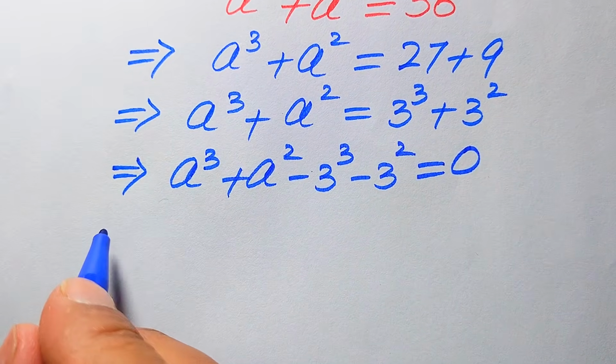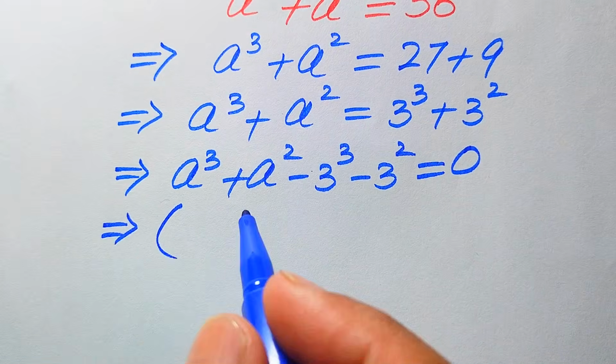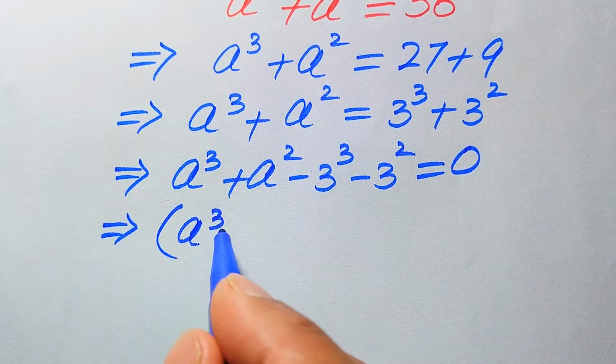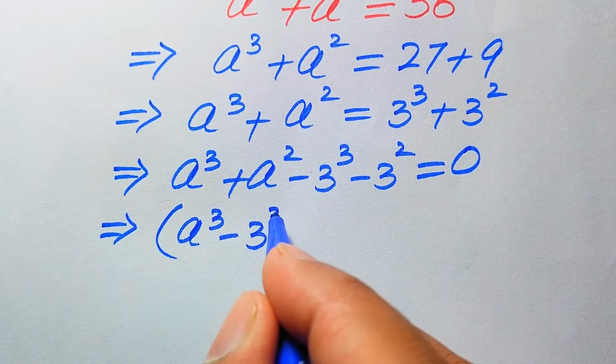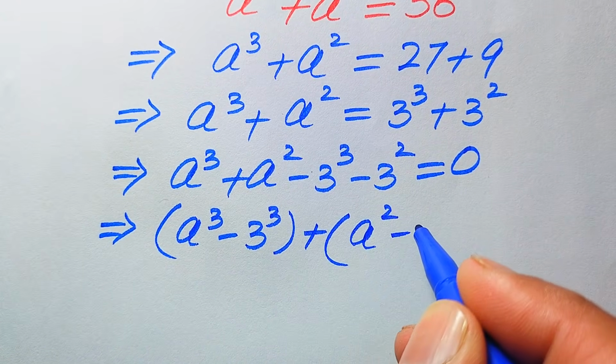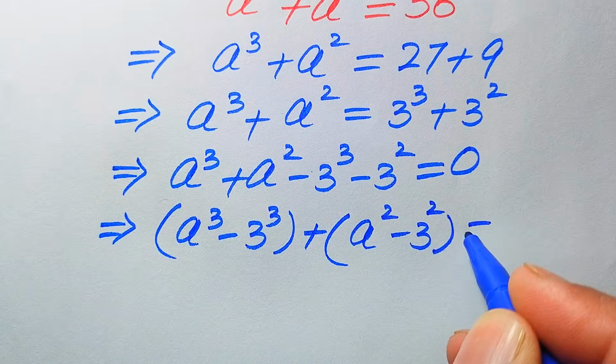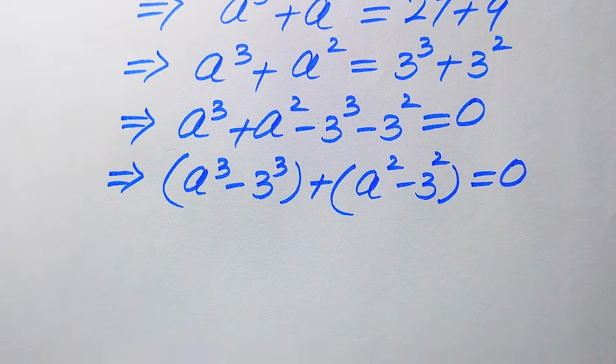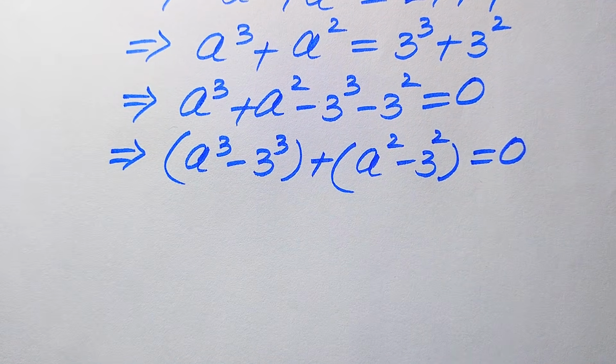0. And now in the next step we need to make a pair of cubic term with cubic term, and we get a cubed minus 3 cubed plus a squared minus 3 squared, and this whole equation equals 0. And now further in the next step we need two nice formulas.